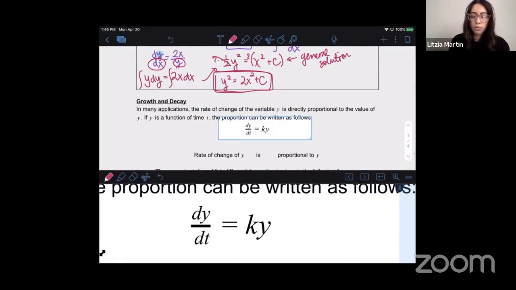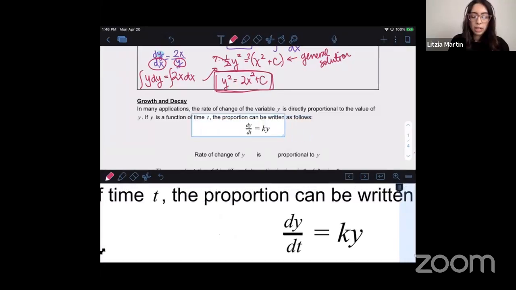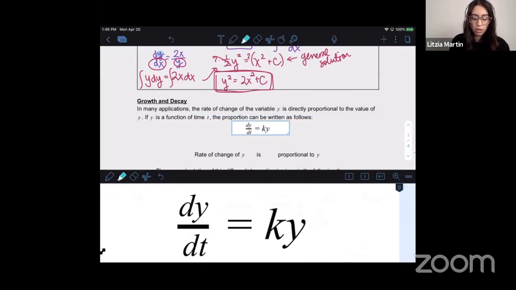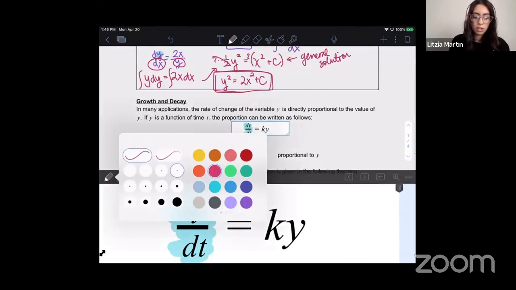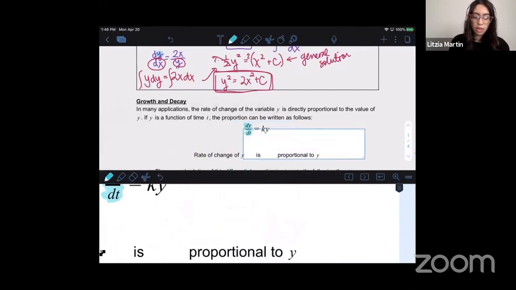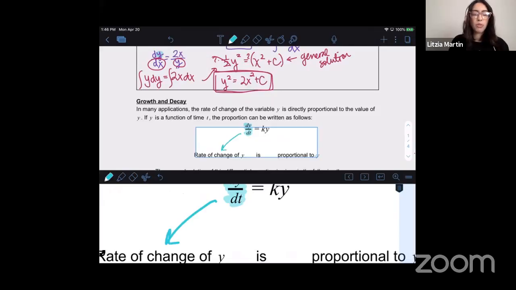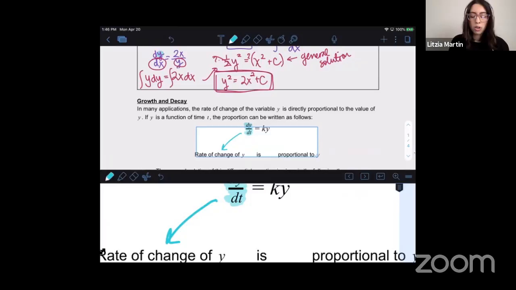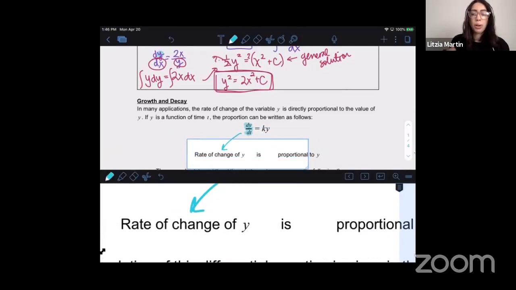So this left side right here, dy over dt, represents the rate of change of y. And I'm going to go ahead and write in a little bit more, because not only is it the rate of change of y, it's the rate of change of y with respect to t.